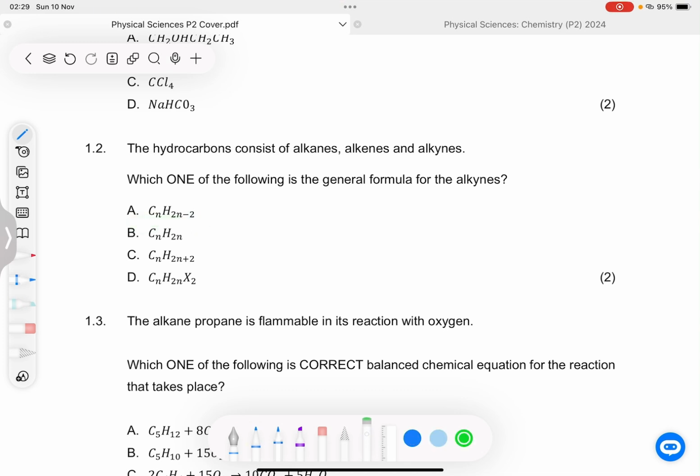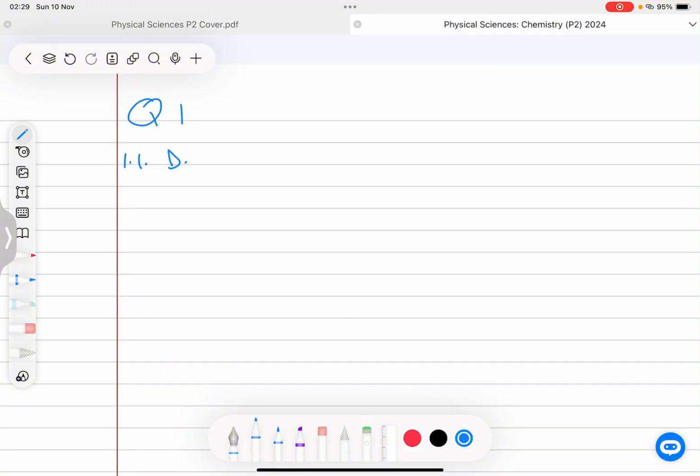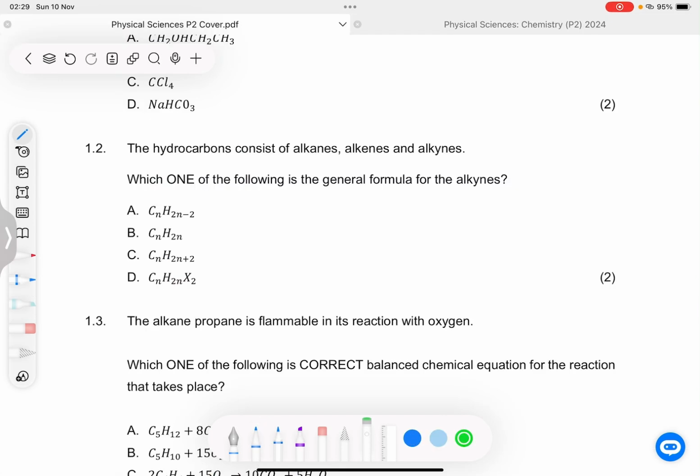If we look at this first chemical formula, we can see that this is an alkyne. It's the correct one because for an alkyne, you subtract a 2 there. So our option is A. I'll write this option and explain to you how to identify this.